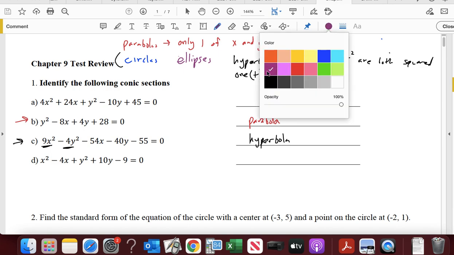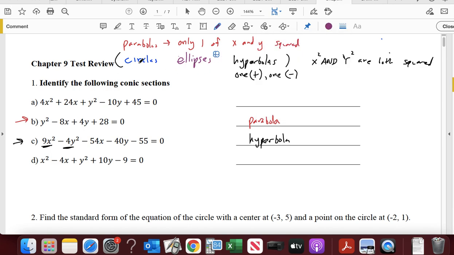All right, next, our ellipse. So ellipses versus circles, they're going to have the same sign. Usually they're both positive, both x squared and y squared are positive, but they could both be negative, hypothetically or theoretically. But the key is for circles, circles have the same coefficient for x and y, while ellipses have different coefficients for x and y.